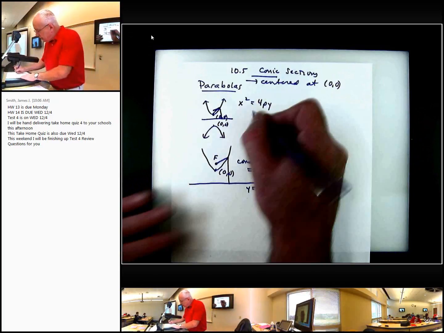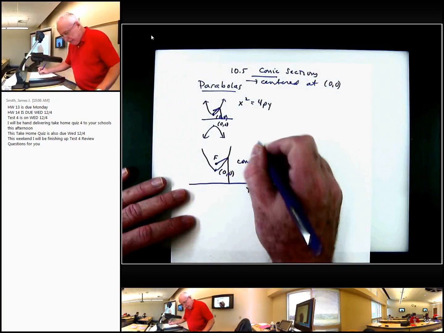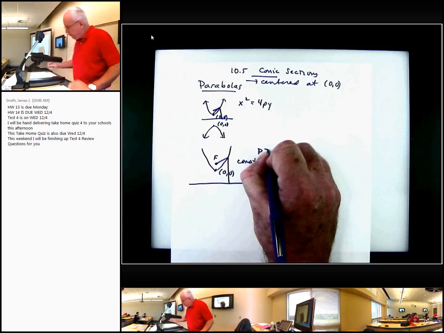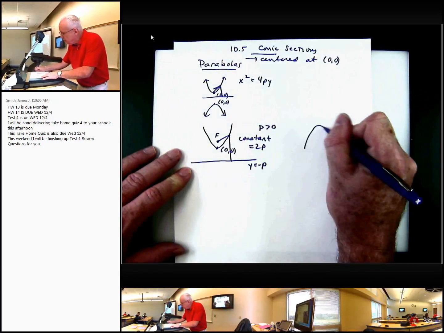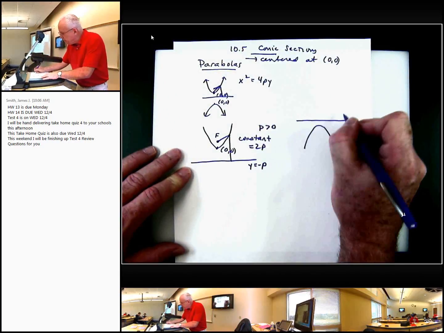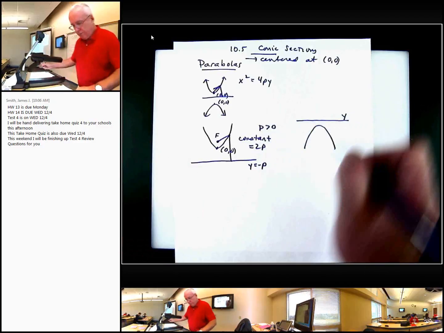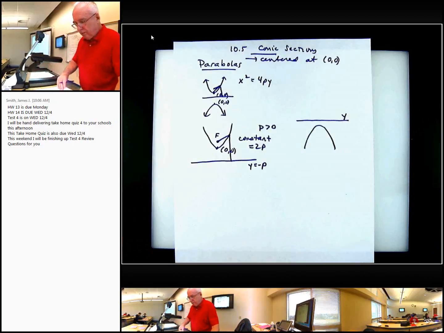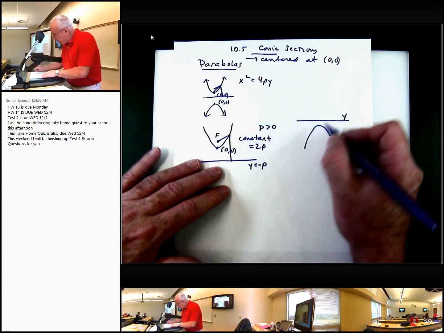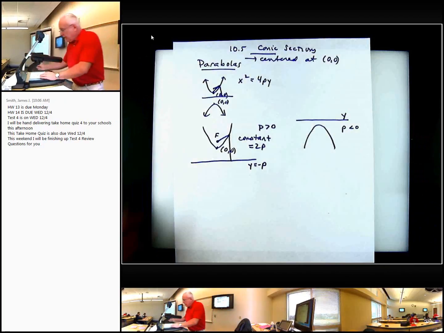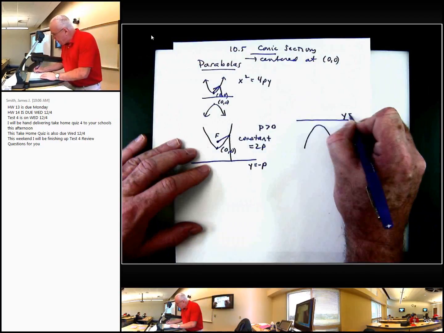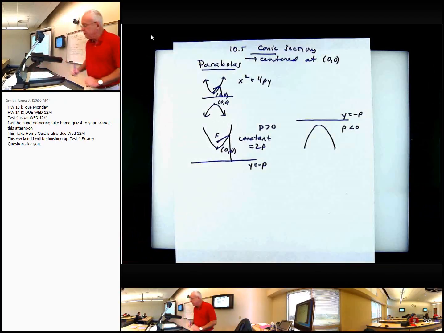Now, if it's going up, p is greater than 0. If it is going down, so we have a directrix up here, then p would be less than 0, and it would still be y equals negative p for our directrix.